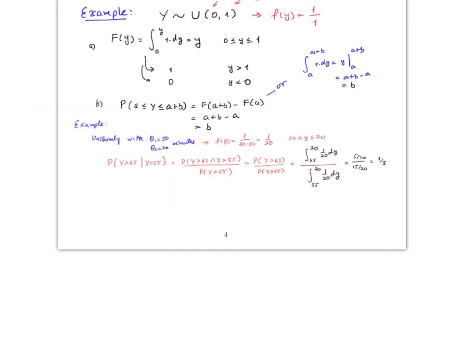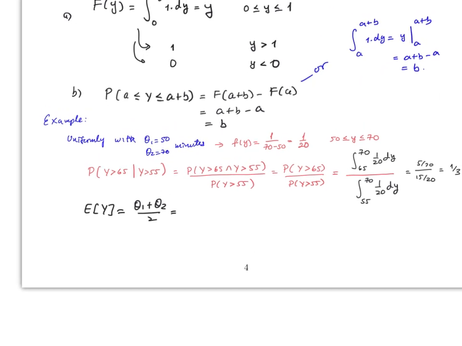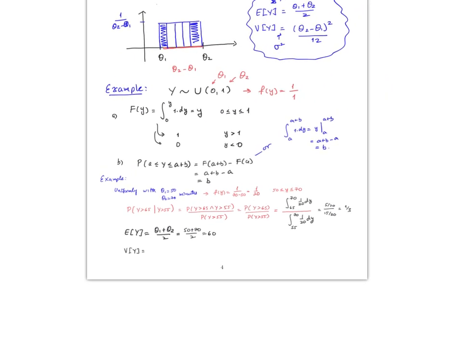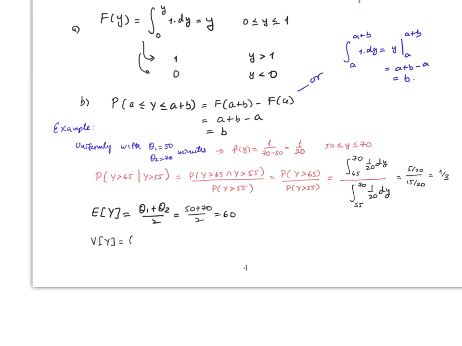Now finally, for this problem, if you wanted to find the expected value, remember that the expected value for a uniform is just (theta 1 plus theta 2) over 2. So in our case, this will be 50 plus 70 divided by 2, which is 60. And the variance, the formula is right there, is (theta 2 minus theta 1) squared over 12.